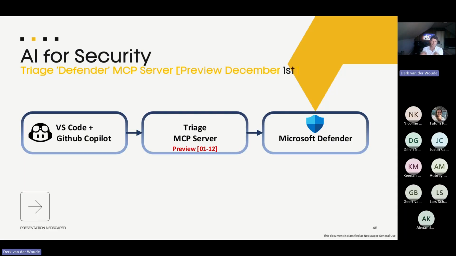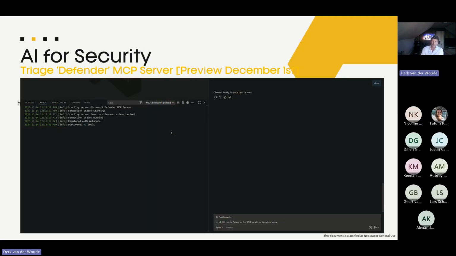It will be rebranded, I think, into the Triage MCP server during public preview on the 1st of December. It works the same as the Sentinel MCP, but with the data from Defender XDR. It looks like this. Really a nice feature, natural language. Just ask anything about alerts, incidents, and so on, and there will be more data available in the near future.